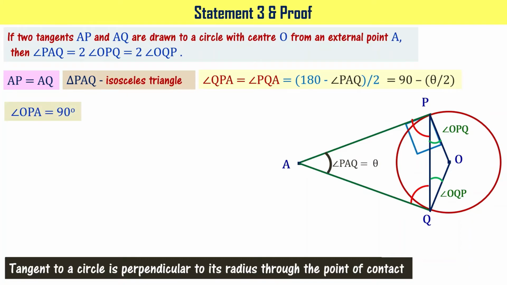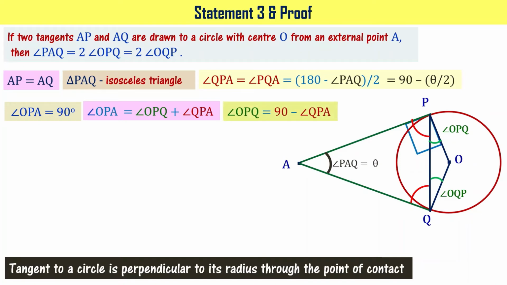As you see here, angle OPA is 90 degrees, right? And as you observe here, angle OPA is the sum of two angles. Those are angle OPQ, denoted using a green color arc, and angle QPA, shown using a red color arc, right?